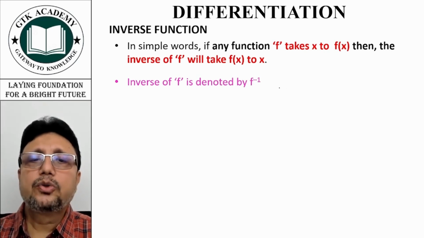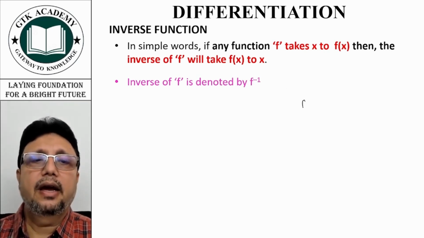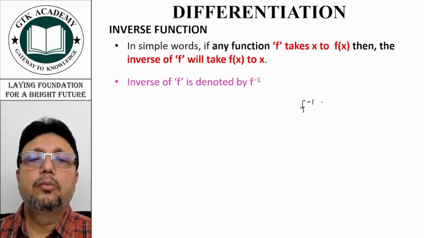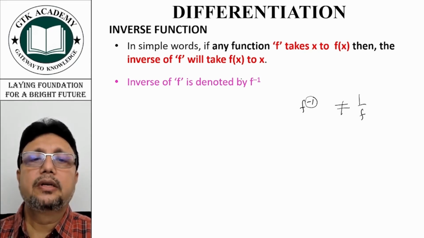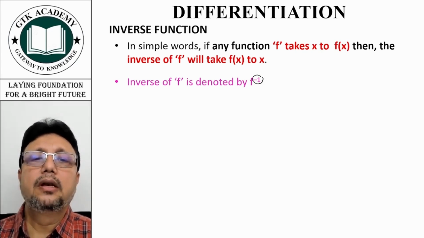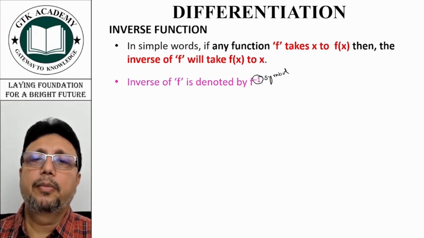Now inverse is also denoted by f with a superscript minus 1, but here we should not be confused with this as a power. It is not equal to 1 upon f. This is not an exponent. This is just a symbol, and not a power.